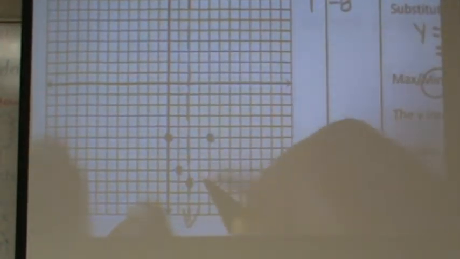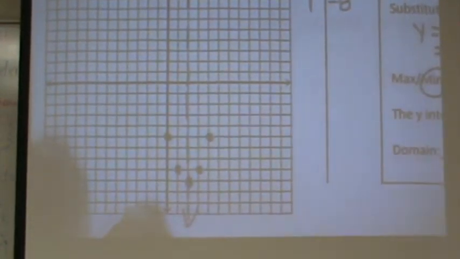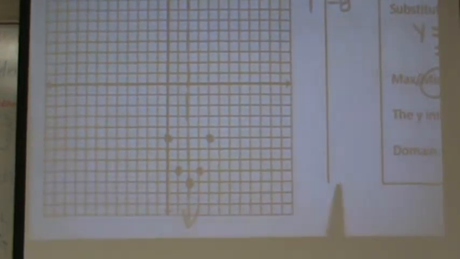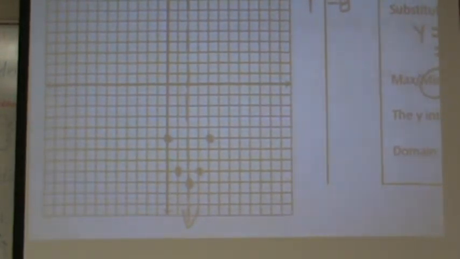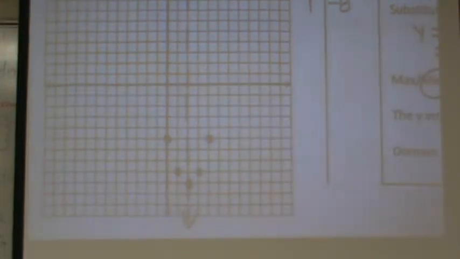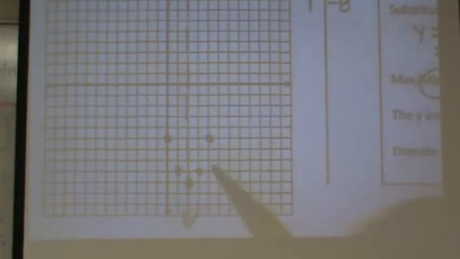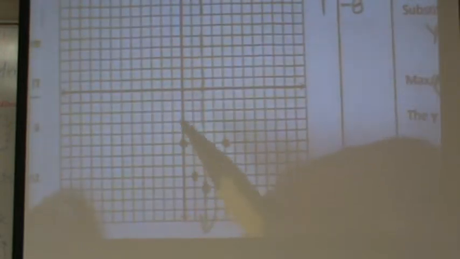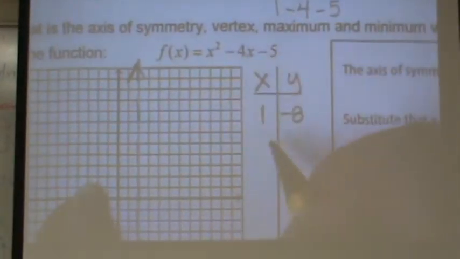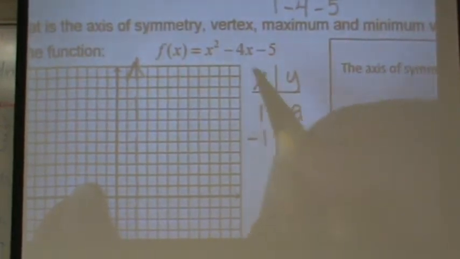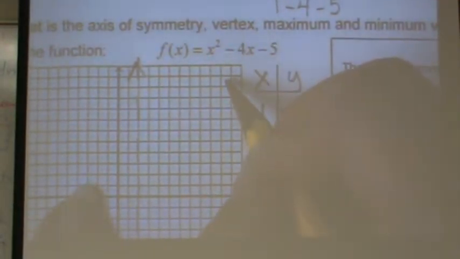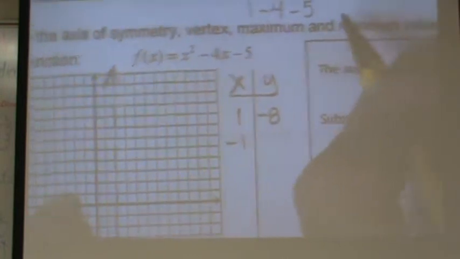So that is a good point. 1, -8. Is there another match to that one? Yeah, you can go right across. Is that enough? It's okay, but could we, if we wanted to, do better? Yes. What number would you go for? Maybe -1? Let's look at -1. If we put a -1 here, what's -1 squared? 1.